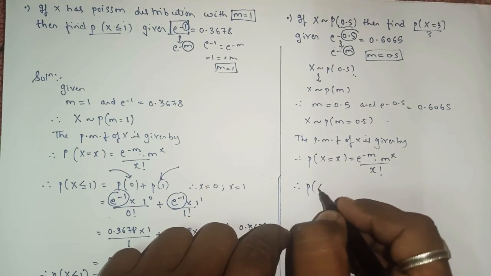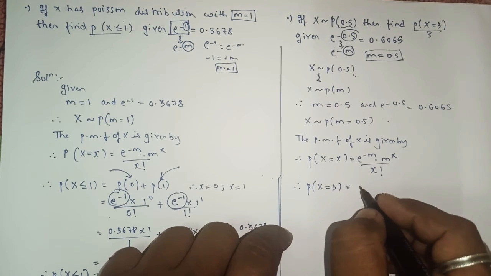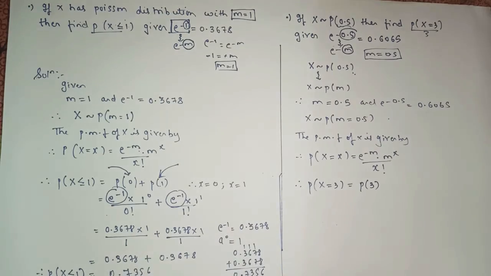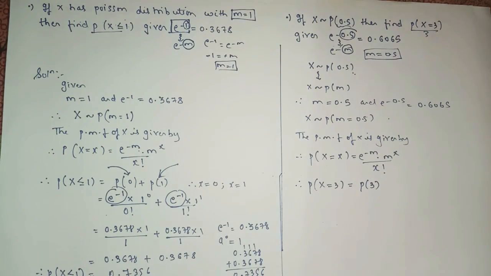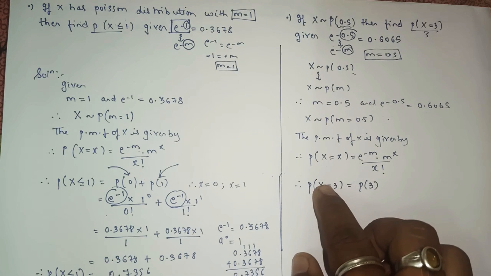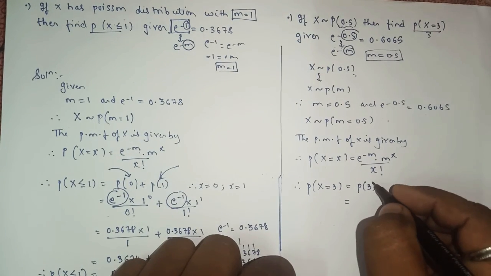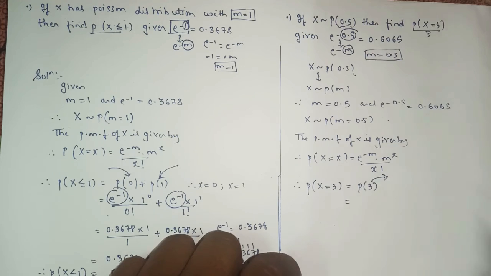We have to find P(X = 3). Equal to means exactly, that means we have to find only the value at 3. No need of finding any other values like 4, 2, 1, 6. That means we have to apply this Poisson distribution formula only one time.